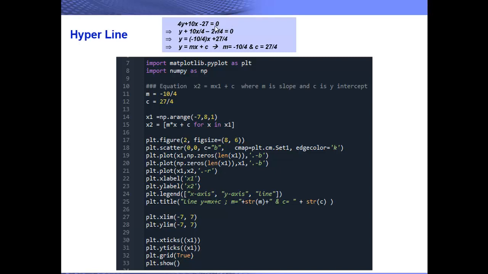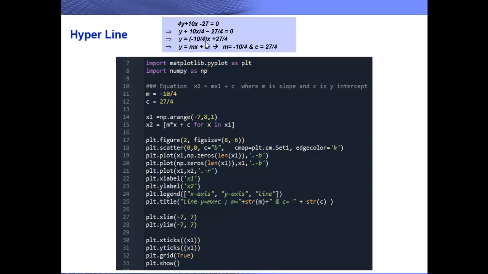Normally, to draw the line, we can have the standard equation y is equal to mx plus c. So just convert this equation into this form. Let y be on this side, and take the other two terms to the right hand side. So y is equal to minus 10 by 4 x plus 27 by 4.